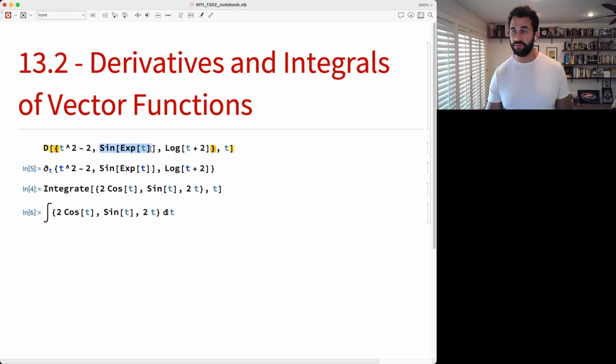Here's the second component function. Mathematica uses capital Exp to represent the exponential function. This is one of the reasons why I like this particular version of the book, because they talk about the exponential function, and very commonly exp is used as the exponential function. So sine of exp of t, and then log.